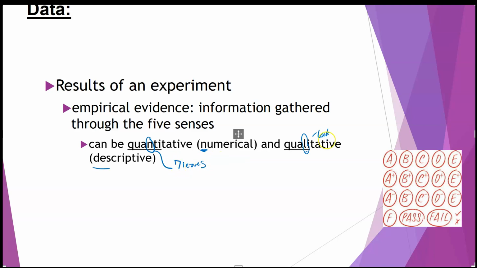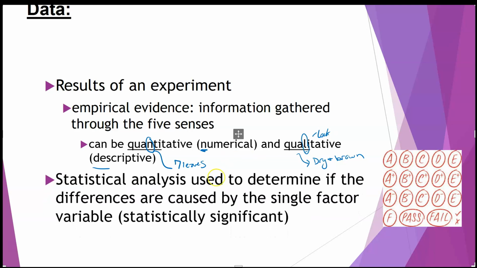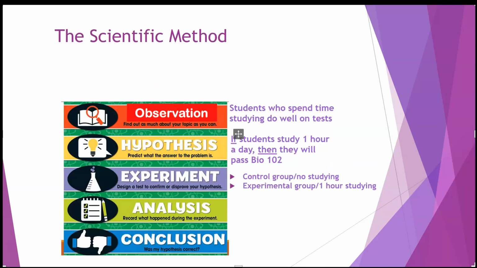It's a number. Versus qualitative would be the plant was dry and brown. That's something you can visualize. It's not a number though. And then in science, we use a lot of statistical significance to understand how important something has been.